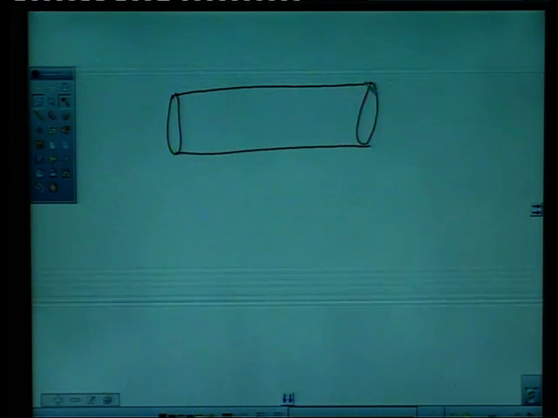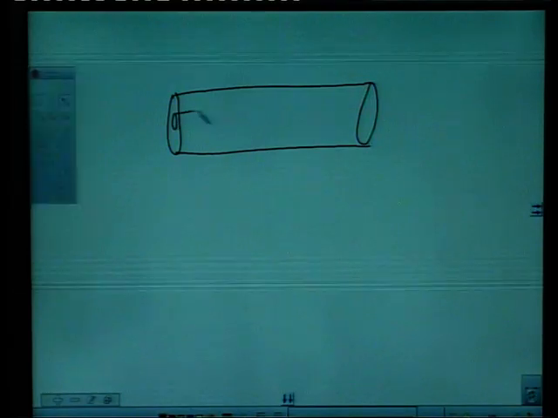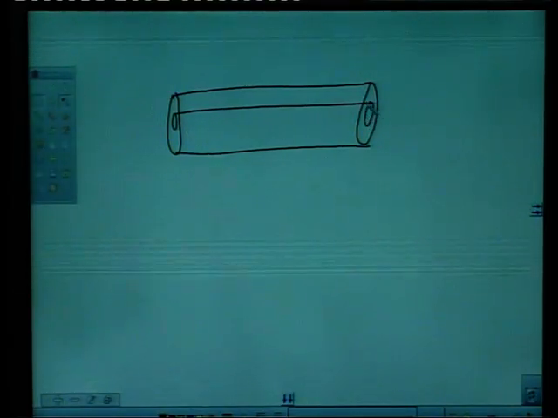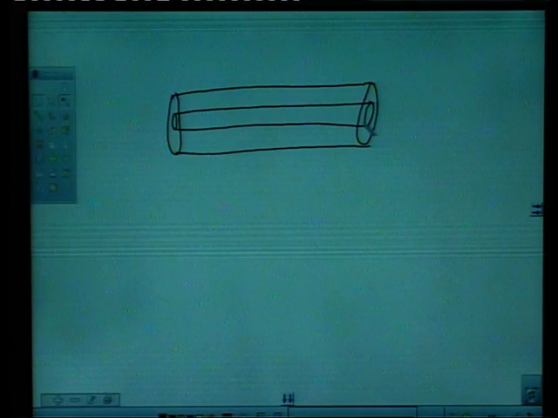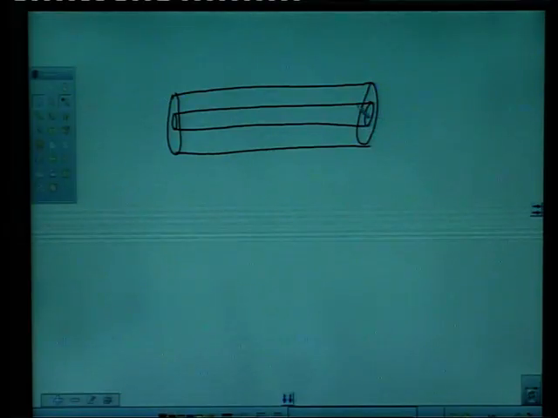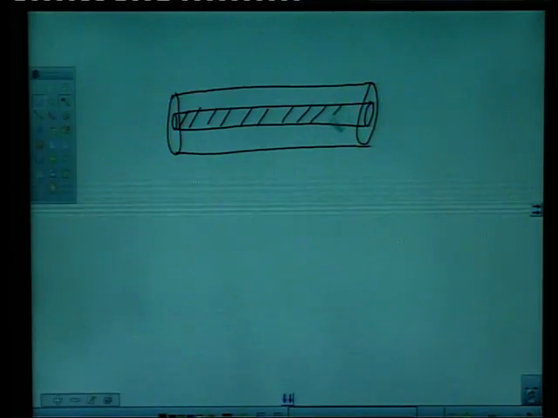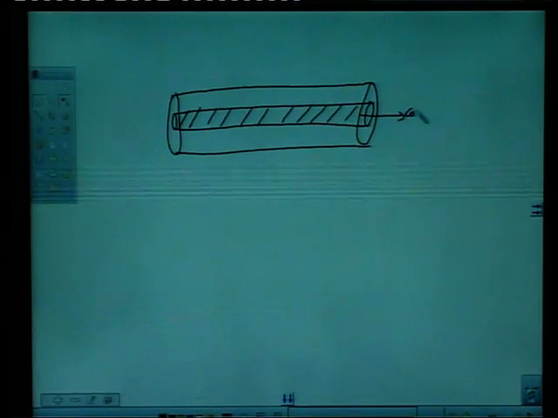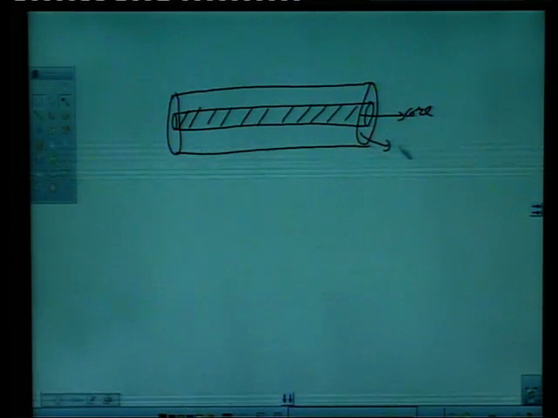We can draw a diagram. An optical fiber is basically a very fine tube or strand or a pipe. It has two layers. The inner layer is called core, and the outer layer is cladding.